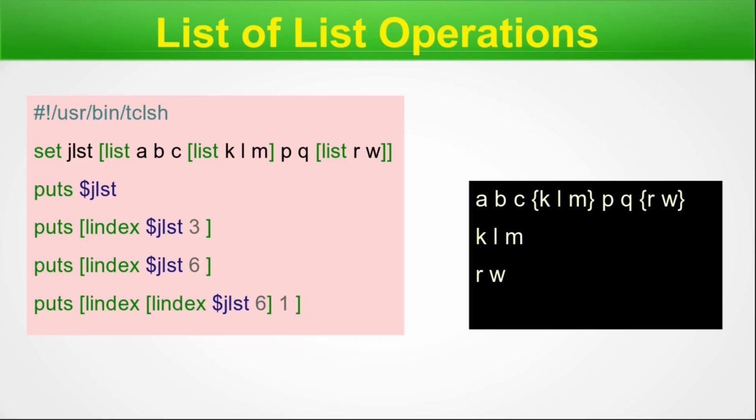So the innermost goes first. So lindex of the list, 6, is the 6th element, and once you get it, it's a list of list. So the first element of that particular list of list will be printed. What we get when we echo this is W. There are 2 elements, 0 and 1, and we have printed out the 1. So that is W. So guys, these are the examples of a list and accessing them.